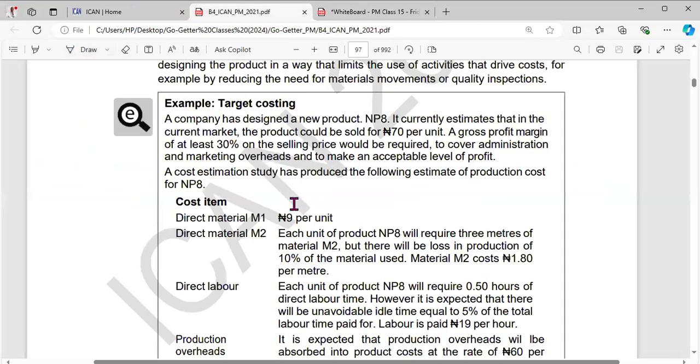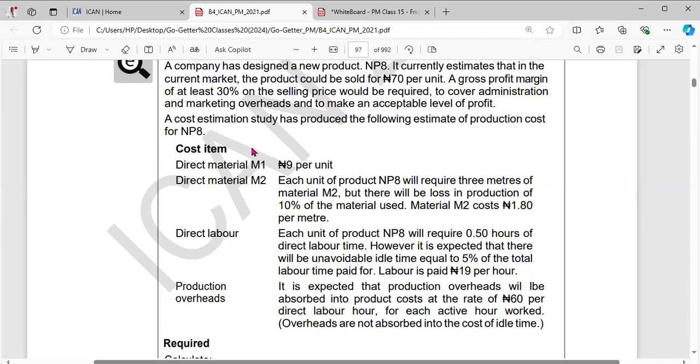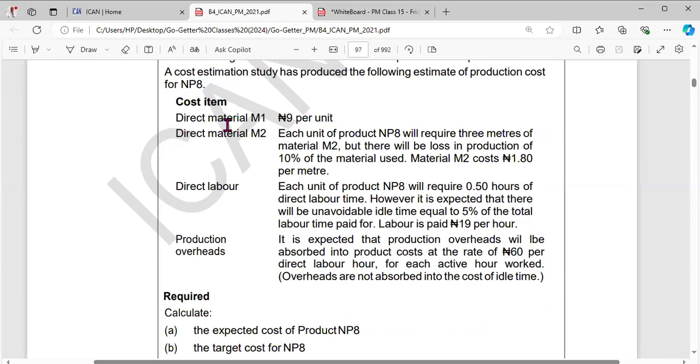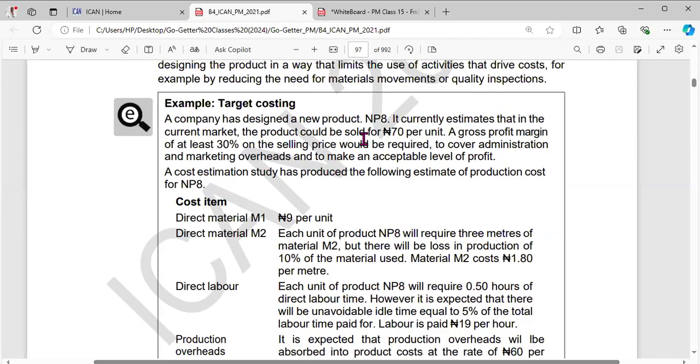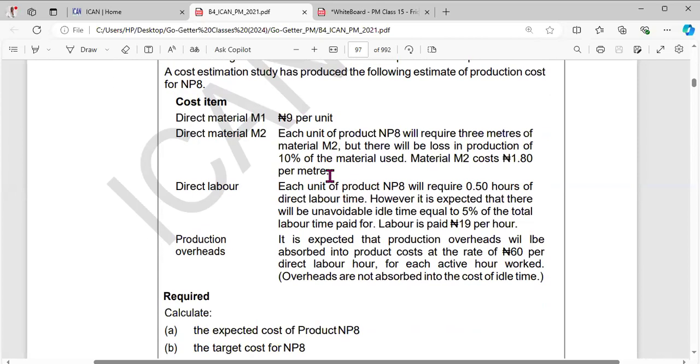Now, we are asked that a cost estimation study has produced the following estimate of production cost for NP8. We now say direct material M1, 9 naira per unit. We are not told how many, okay, 9 naira per unit. So you will now come here and say estimated cost.